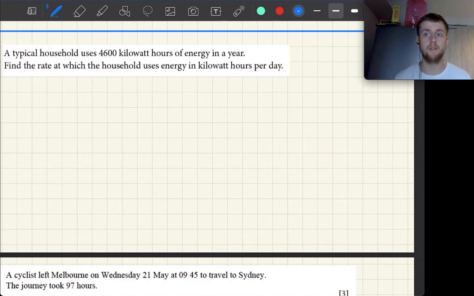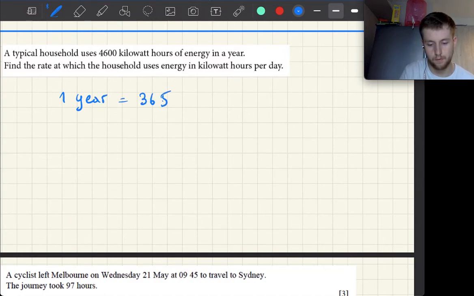Well, how many days are in a year? So 1 year is equal to 365 days normally. Can be 366.